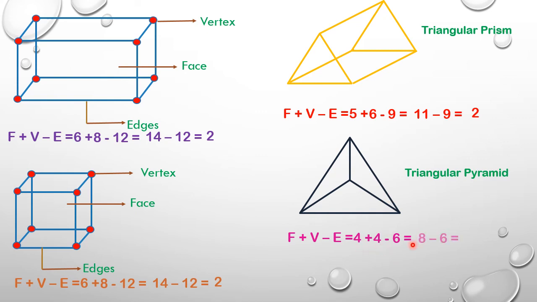So what is 4 plus 4? That is 8. 8 minus 6, that is 2. If we look at these shapes, we got the same answer, isn't it? 2, 2, 2, 2. So now we can conclude that for all 3D shapes, if we find F plus V minus E, that is called Euler's formula. You have to pronounce it as Euler's formula.